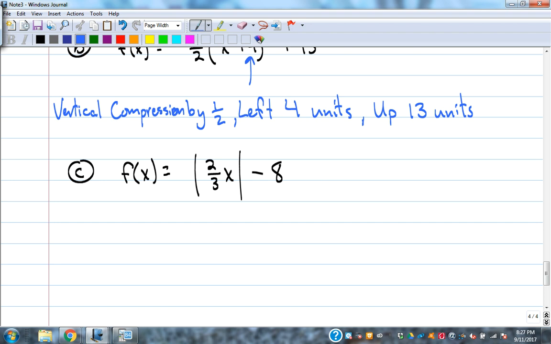We know what any part of that does. The 2/3 is a horizontal what? Yeah, it's a horizontal because it's on the inside. It's a stretch because it's a small number.